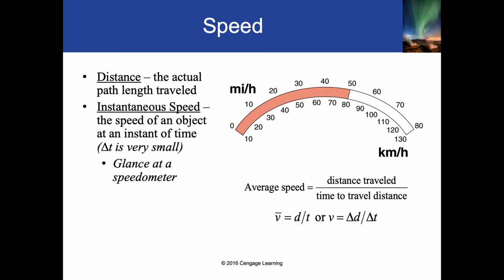When you have this little line over the velocity, that means the average velocity. So literally the average velocity is the change in distance divided by the change in time, right? Which makes sense because if you're traveling, the distance you have traveled has changed.